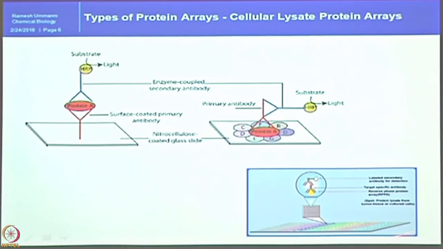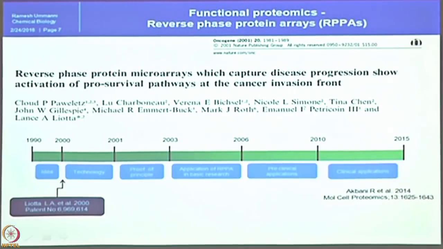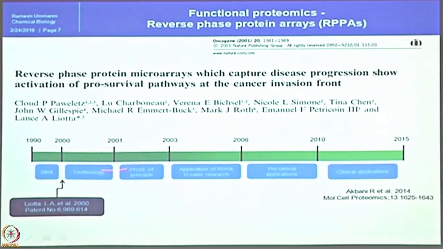This can be miniaturized into a high throughput array by spotting many different samples. This is basically the reverse phase protein array. This concept was developed by two great scientists, Patrick Coyne and Lance Liotta from US MD Anderson, and they started to establish this technique in 1990.